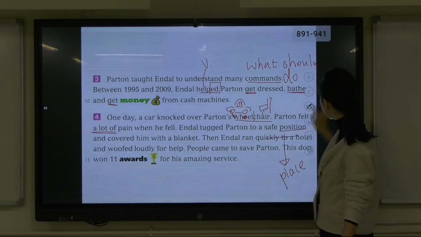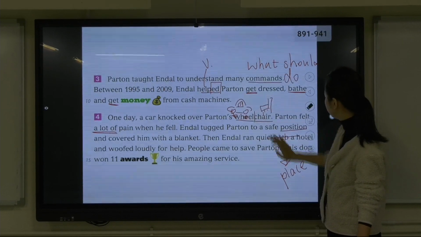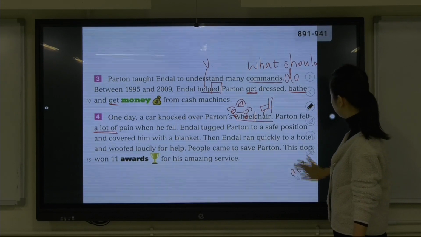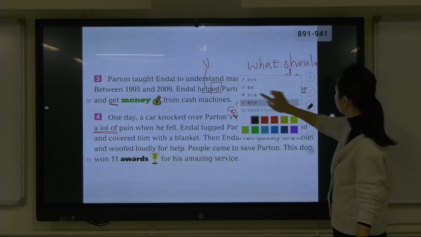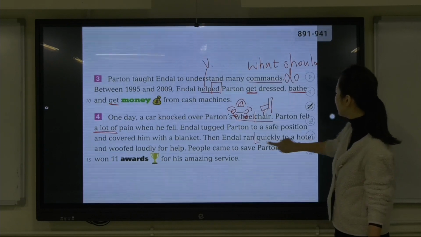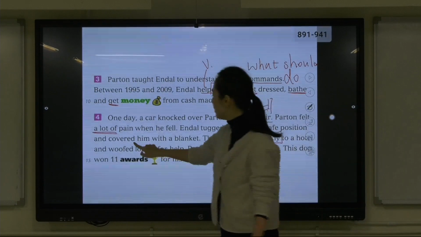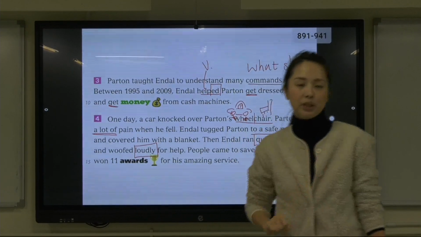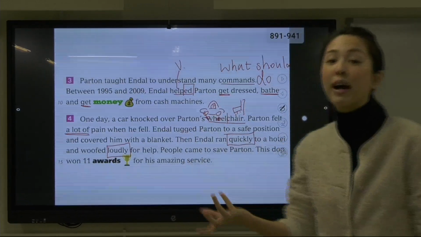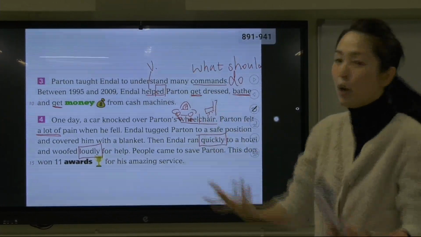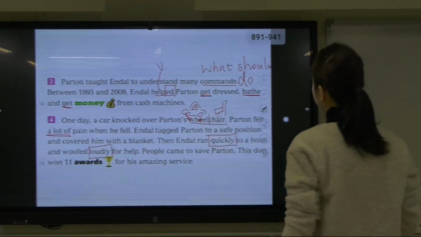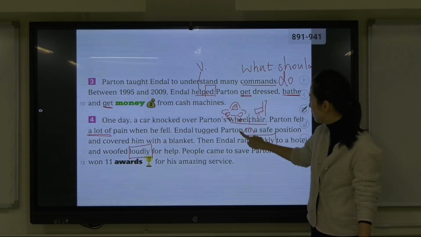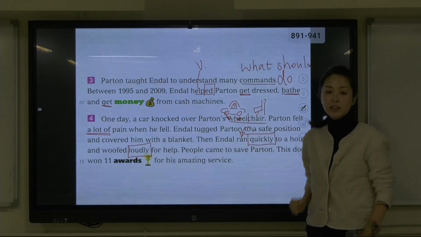So let's look at this word. Quickly and also loudly. So what are these words? What do they describe? Which word are they helping? So quickly talks about ran, right?